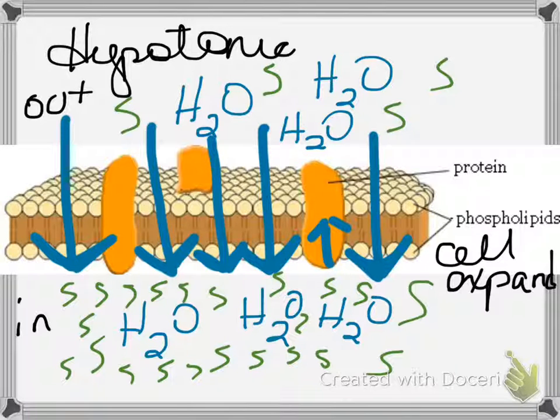It has other minerals, so it doesn't cause water to go rushing into your cells. But if you were very, very dehydrated, say from drinking salt water, then any kind of water would be hypotonic to your cells, and that would cause water to flow back into your cells and rehydrate you.